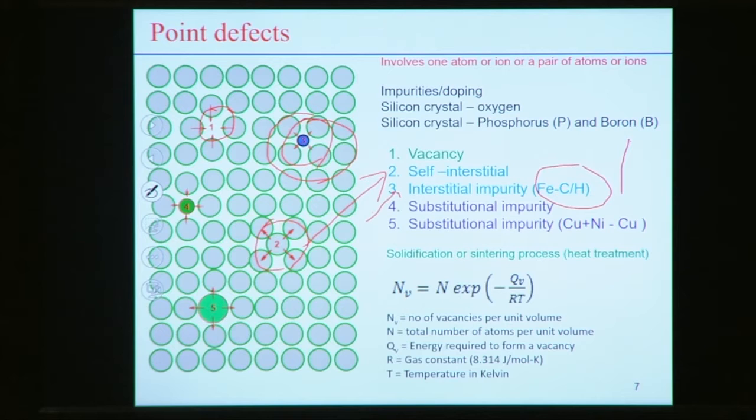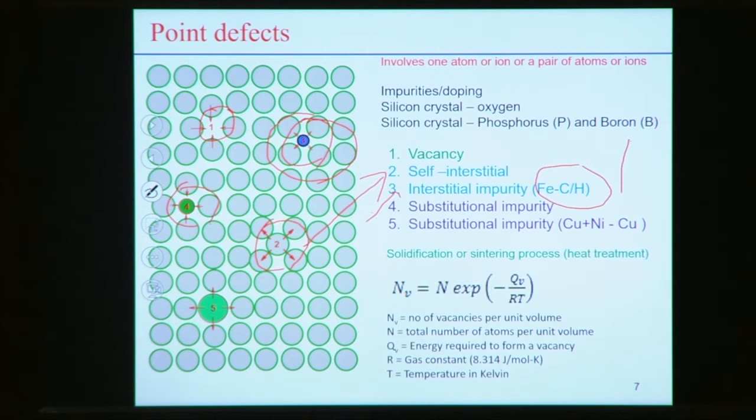So this type of impurity, self interstitial and interstitial impurity, both types of defects happen in normal materials. Now if you look into the fourth point, that corresponds to the substitutional impurity. Here in this case, the actual atom is replaced, or substituted, by another atom.